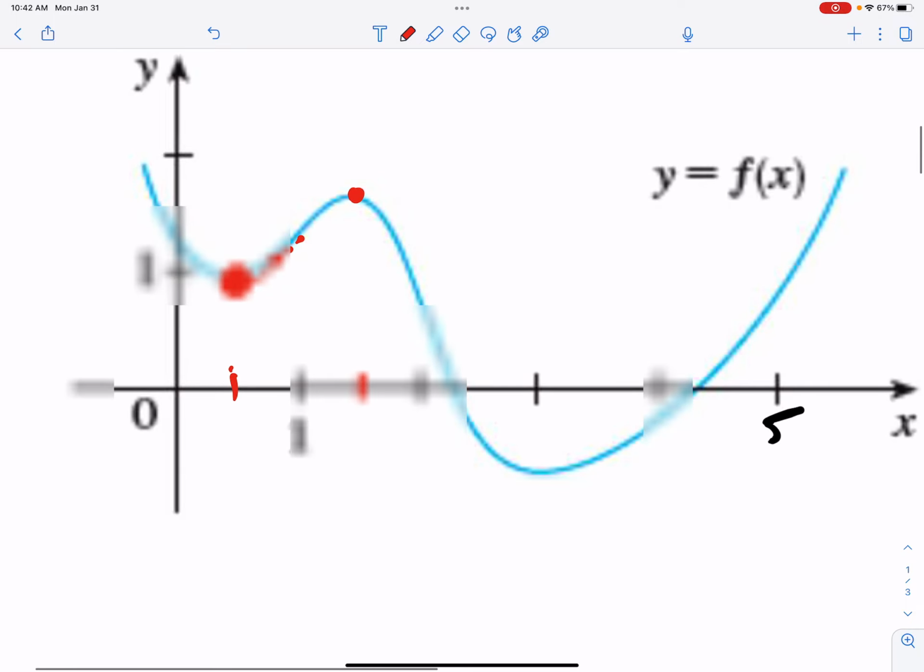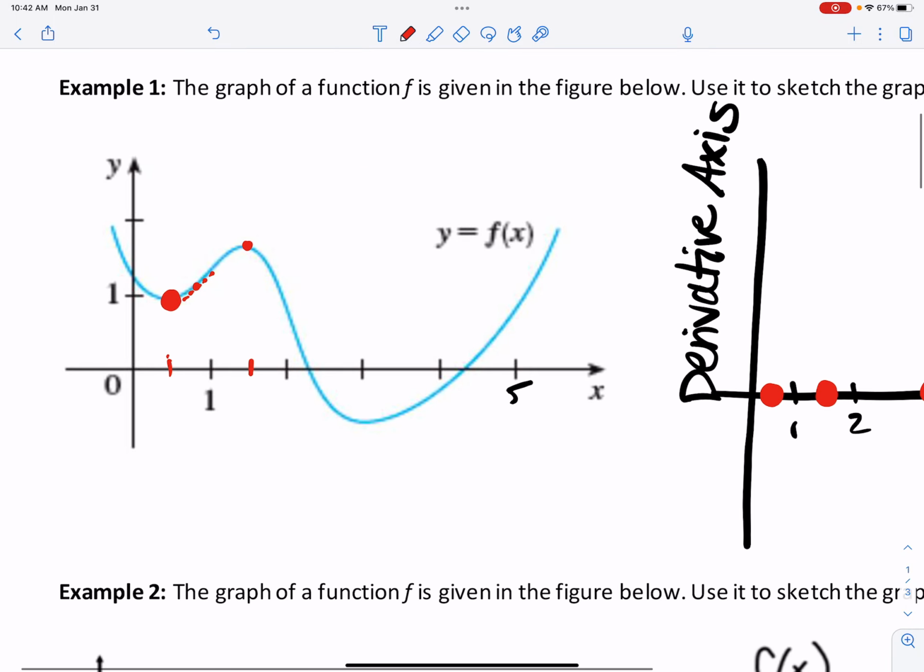So I don't know what's happening specifically between 1.5 and 2, but I know that all the derivatives will be positive, which means they'll be above the x-axis. And it obviously has to loop back around. The points have to connect. So that's why I drew a curve above the x-axis, because I know they're going to have positive derivatives.